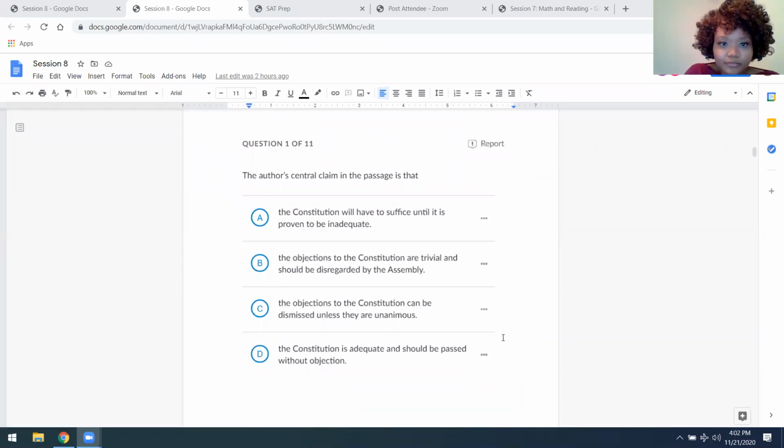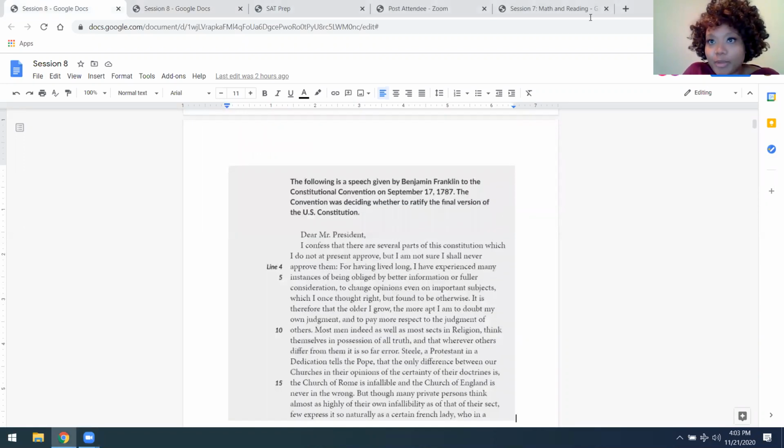So answer choice C says the objection to the Constitution can be dismissed unless they are unanimous. So let's go back to the passage.